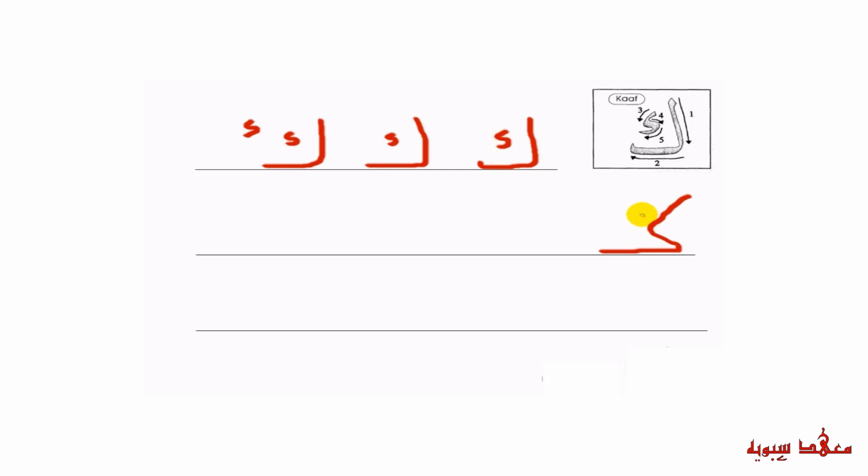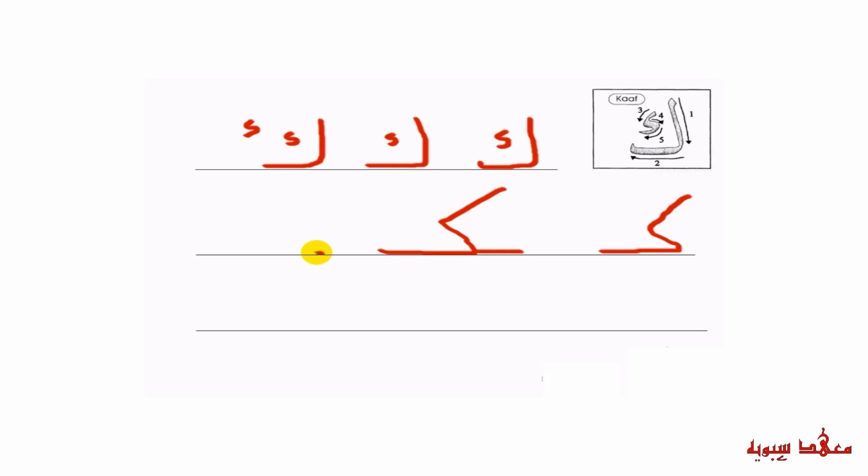Now, the medial form is as follows. Come across, previous letter, then come here, curved line that goes across to the next letter, finish the word, and then join up like this.